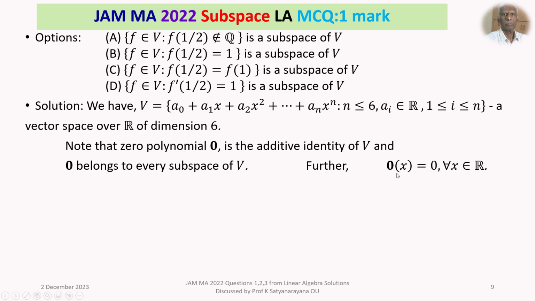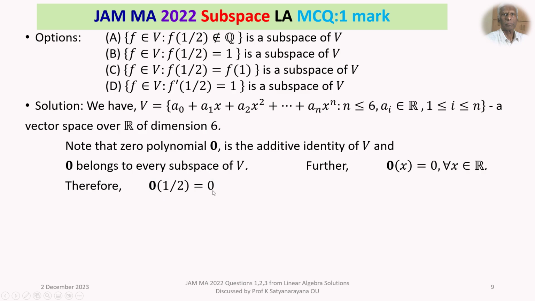And further, the value of the 0 polynomial at any x belonging to R is 0. In the 0 polynomial, the coefficients are all 0, so 0 plus 0 times x plus 0 times x square and so on up to 0 times x to the power of 6 is 0, obviously, for any x belonging to R. Therefore, the 0 polynomial at 1 by 2 also gives 0.